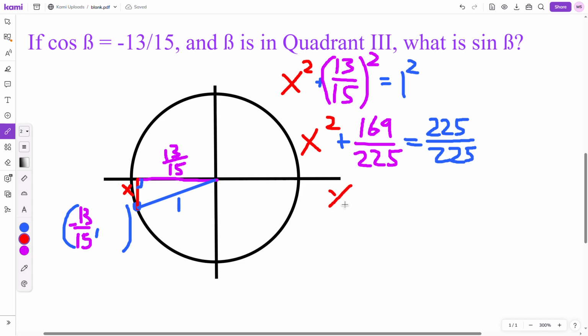And so for the next step, we get x squared equals, and we have to subtract 169 from 225, and that's going to be 56 over 225.